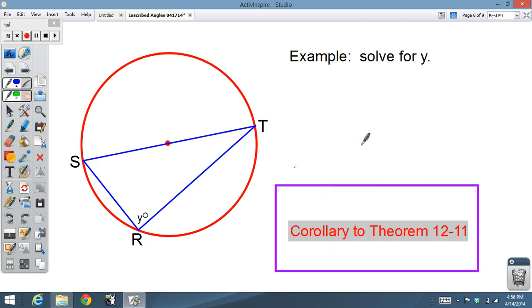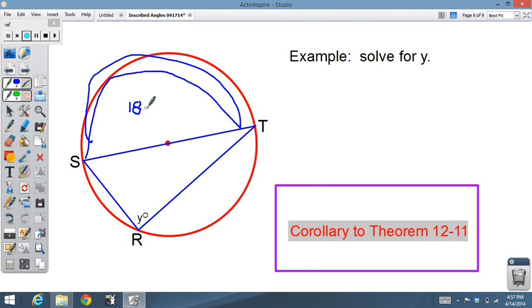Okay, next important thing, solve for x and y, solve for y. Well, ST is our diagonal, right? Therefore, the intercepted arc has to be 180 degrees. Therefore, angle y must be half of that, or 90 degrees.